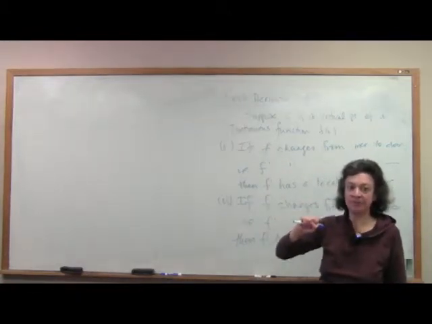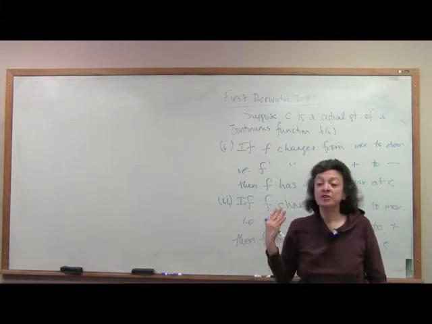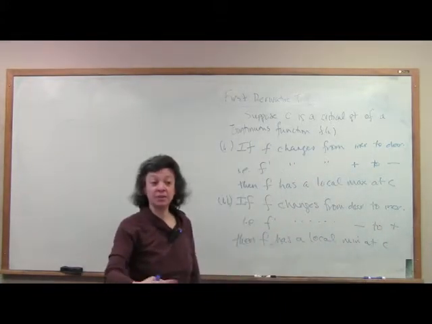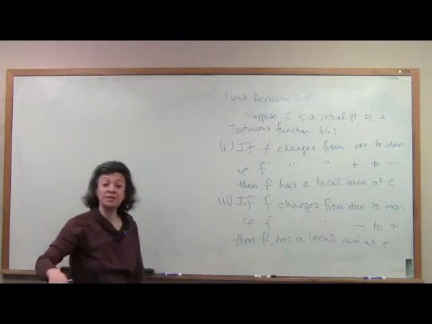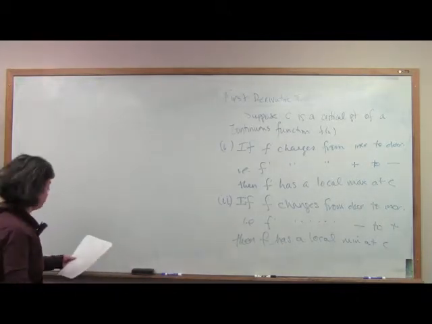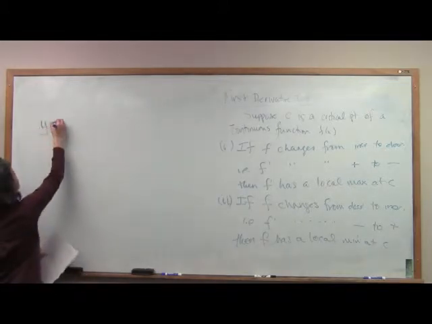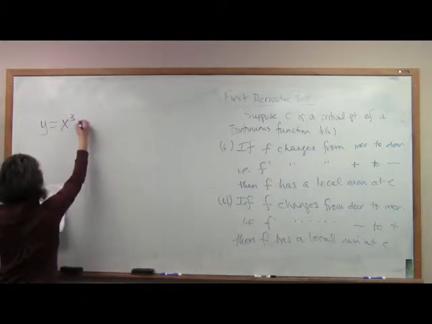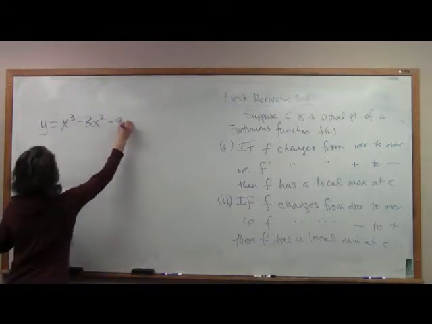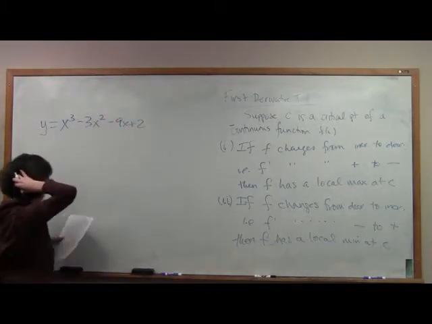I'll show you an example of such. So we're going to be taking our first derivative, setting it equal to 0. And what this is going to show us is where our function is increasing and decreasing. Okay, so let's, for example, take y equals x cubed minus 3x squared minus 9x plus 2.